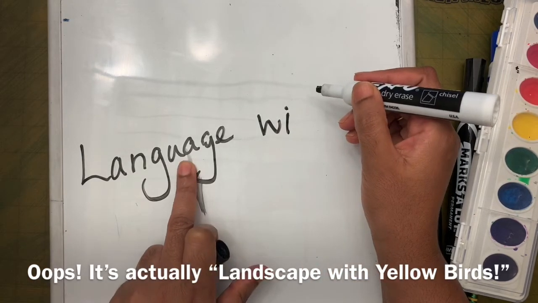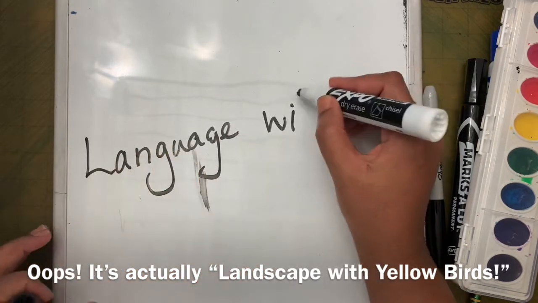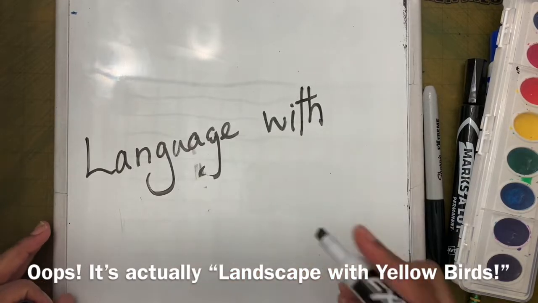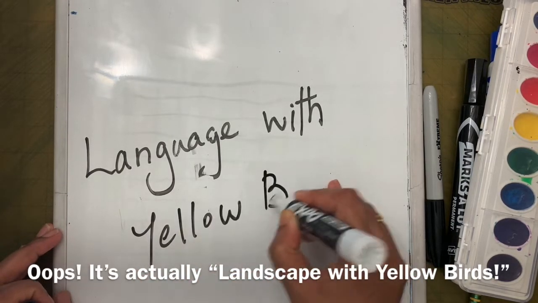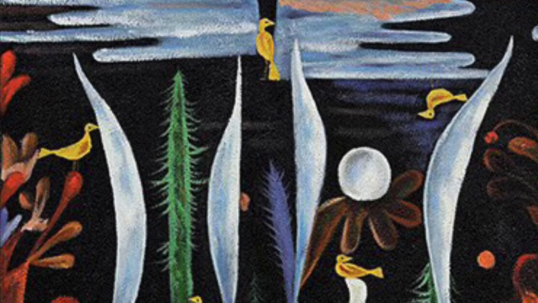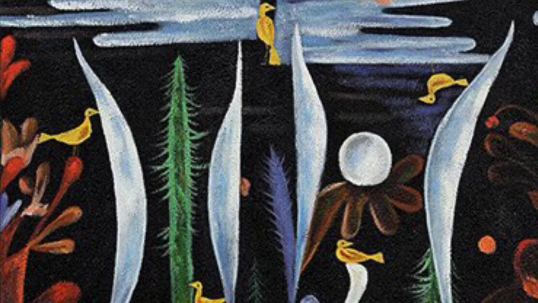This is what I see for the title. This is how it is spelled, with yellow birds. This is the name of the art that we are imitating. So if you want to see, you can Google it up.